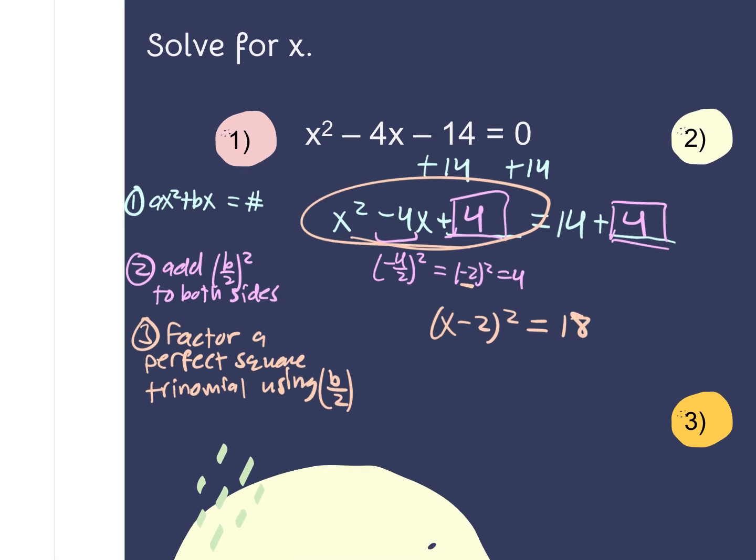So this is what we have so far. The whole point of adding this 4 on both sides was to factor a perfect square trinomial, so really we got from this step to this step. And now the next thing we want to do is square root both sides.